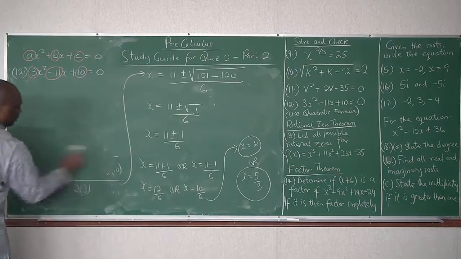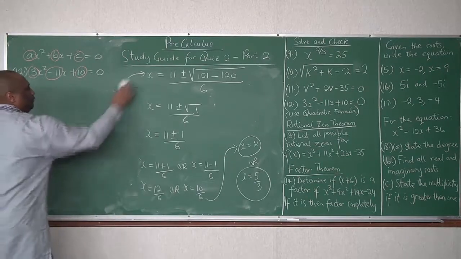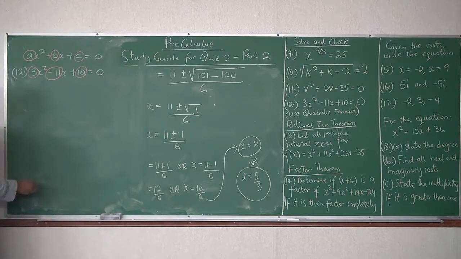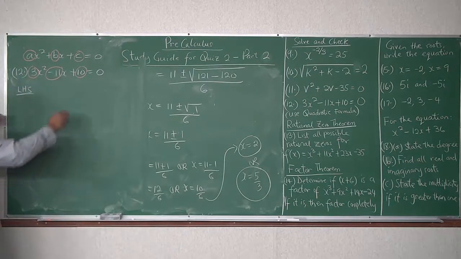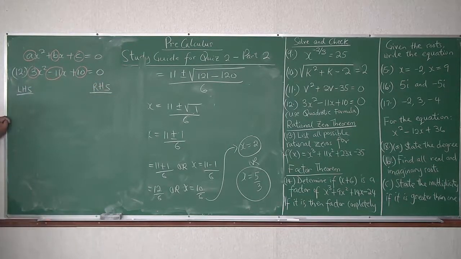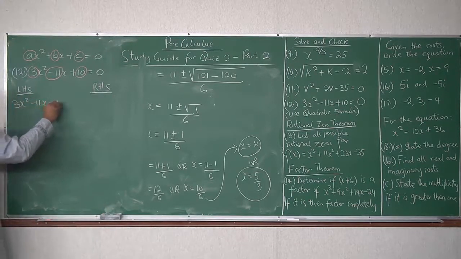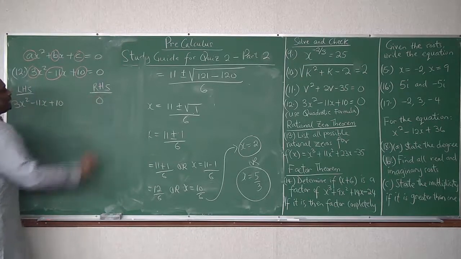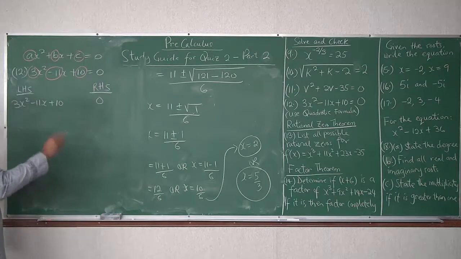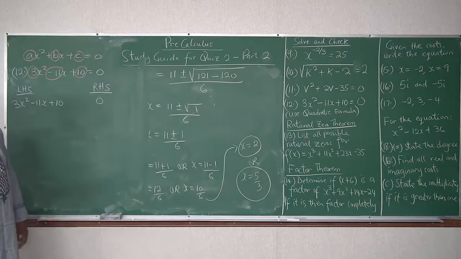If we come over here to check, you write the main equation. Left hand side is 3x squared minus 11x plus 10, right hand side is 0. Now we have to check for both of them. It has to work for both.